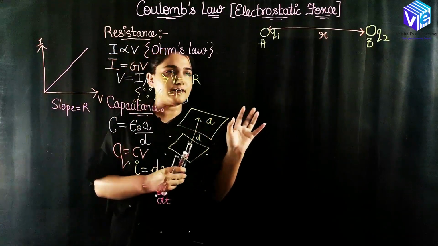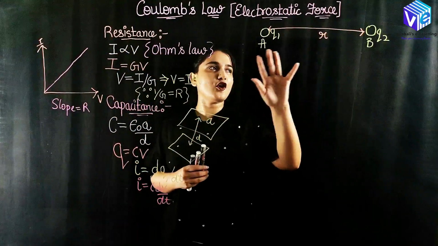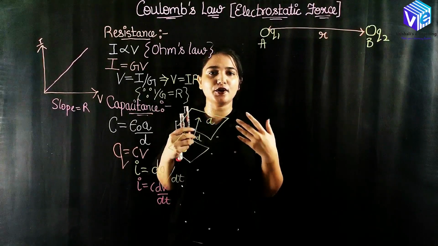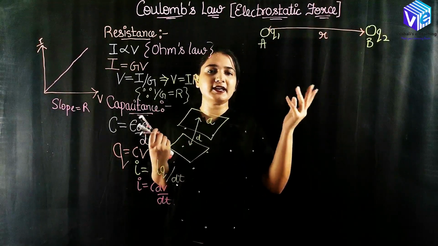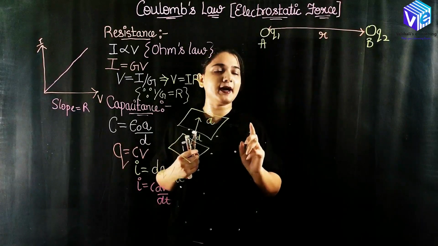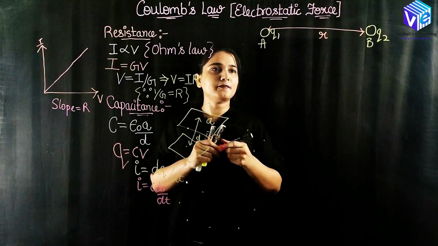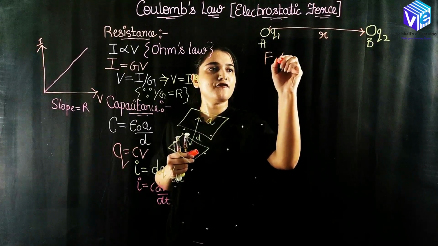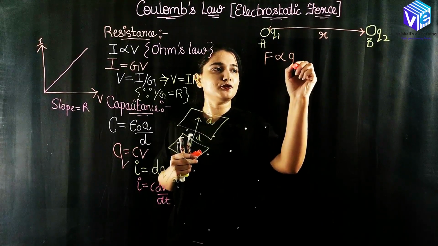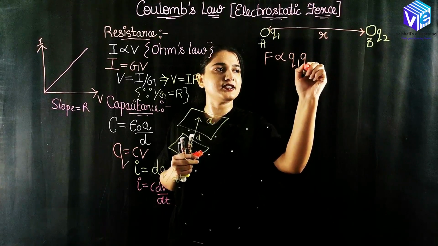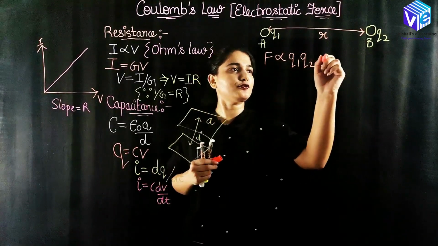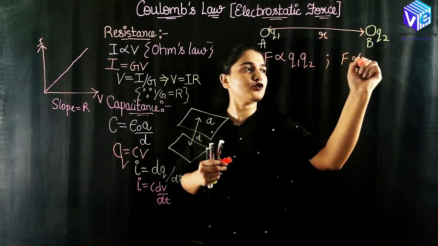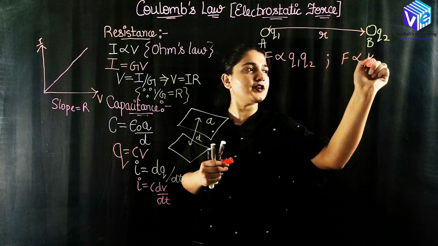Now coming to Coulomb's law. What is Coulomb's law? I have already told you we have two static charges. These charges could be both electrons, both protons, or one electron and one proton. They are separated by distance r. Coulomb gave a law that force is directly proportional to the product of these charges, Q1 into Q2, and also inversely proportional to r square.